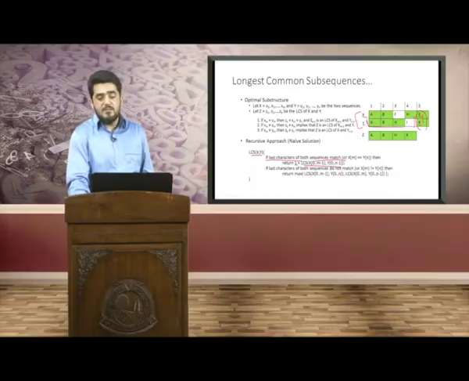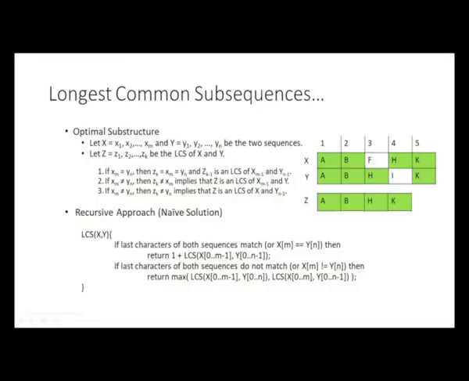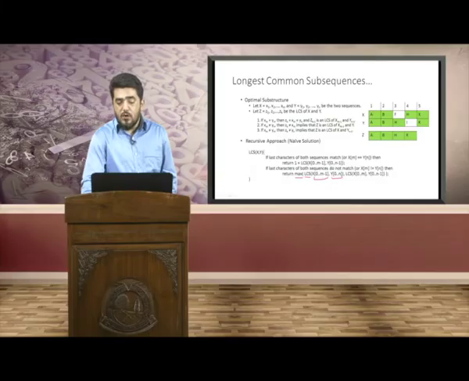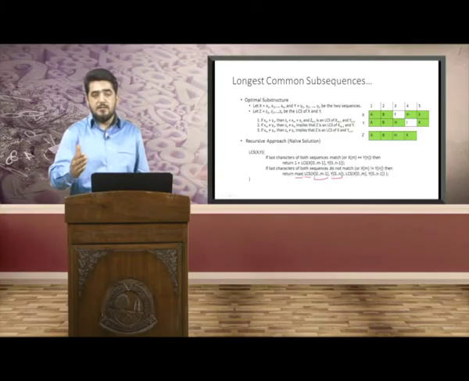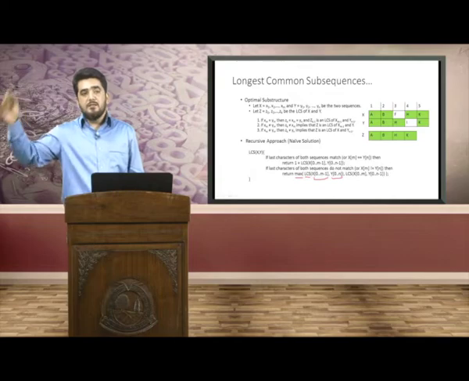In case the last characters of the two input strings do not match, then we'll return the maximum of the longest common subsequence of x minus one character and y as it is, and the longest common subsequence of x as it is and y minus the last character.